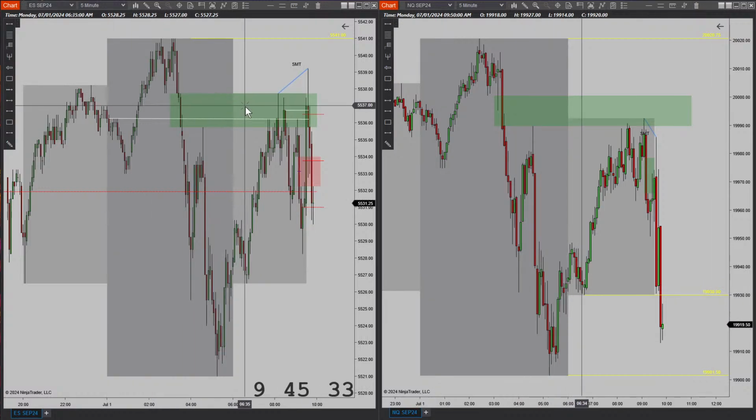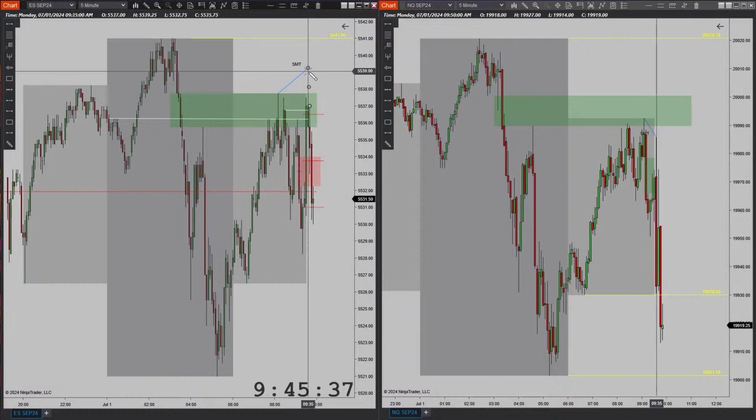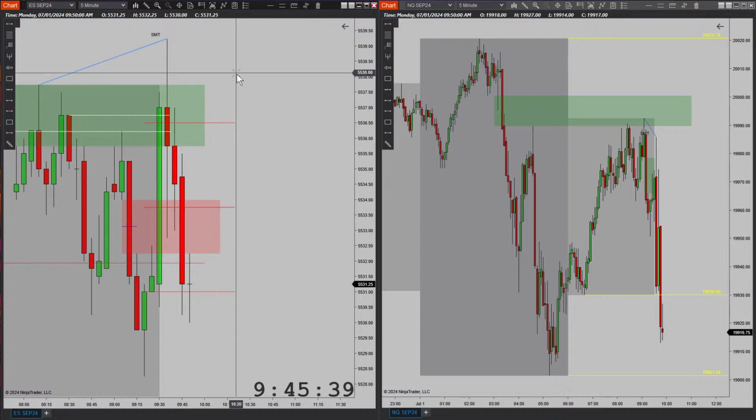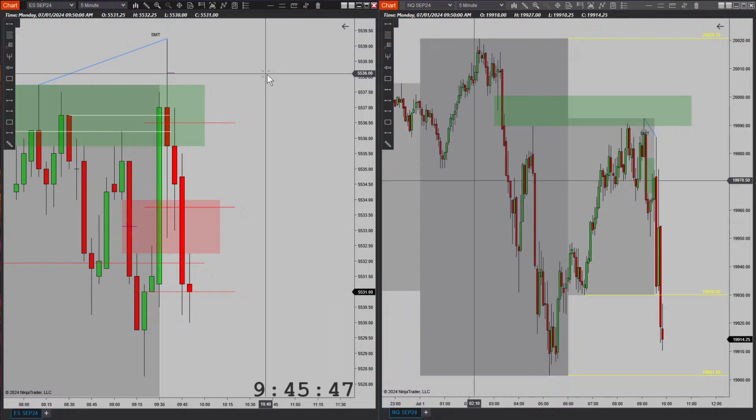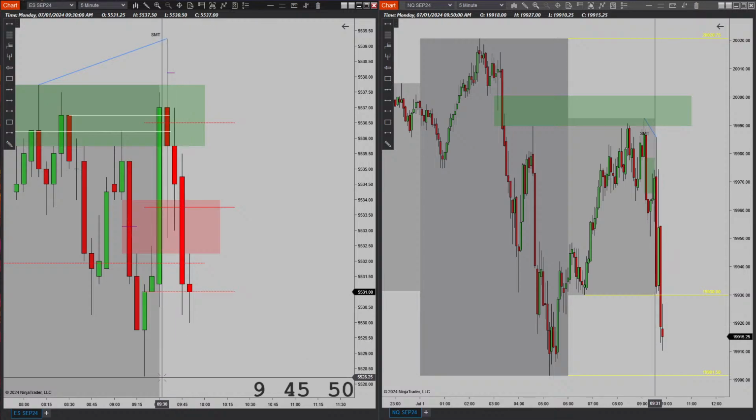And what I'm going to do is lower my stop to 38.25. Right above that. Once price takes this low out, I'm going to lower it.